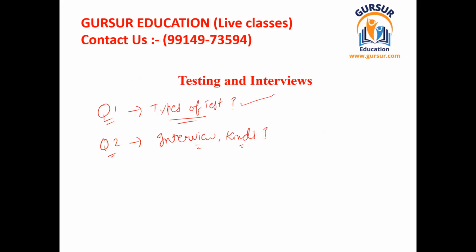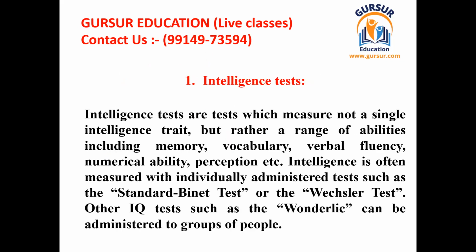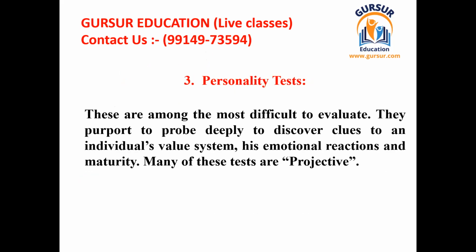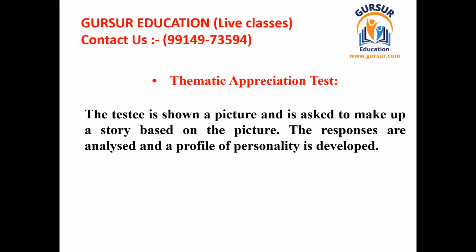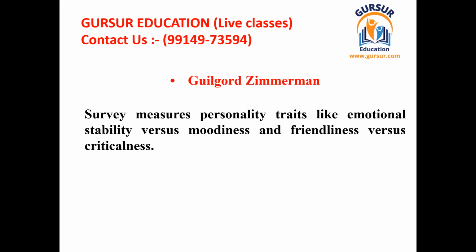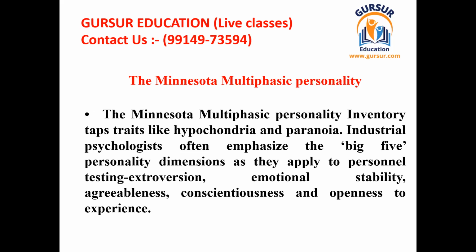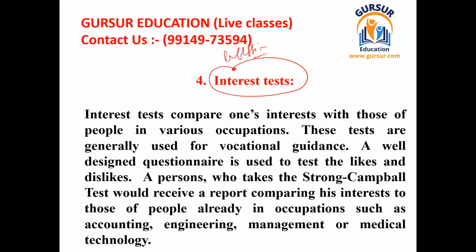If we take a brief introduction again and the conclusion, we can say that there are around 10 different tests conducted in the organization. The first is the intelligence test, then the aptitude test, then the personality test. The personality test contains 3 different kinds of tests: thematic apperception, the Guilford-Zimmerman test, and the Minnesota Multiphasic Personality Inventory.